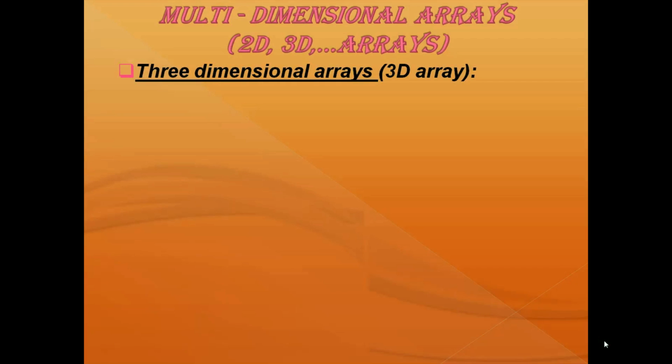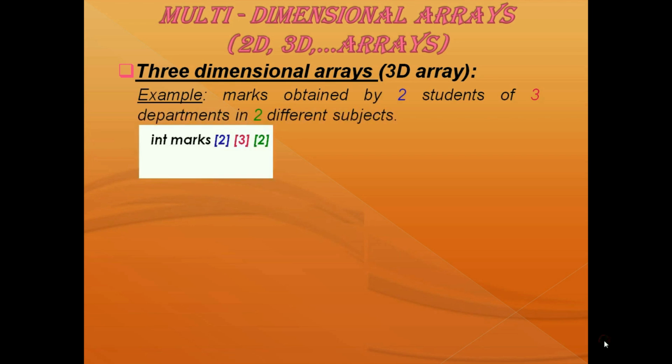Then we'll come to three-dimensional array. Anything which is a combination of several two-dimensional arrays is said to be three-dimensional. This concept is useful when we want to handle a group of elements belonging to another group. For example, a college has three departments: electronics, computers, and mechanics.